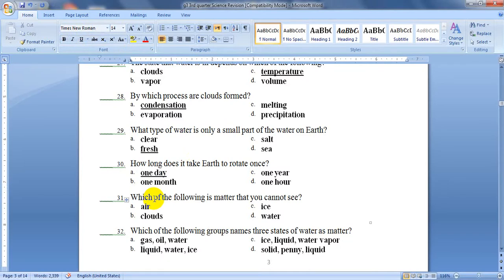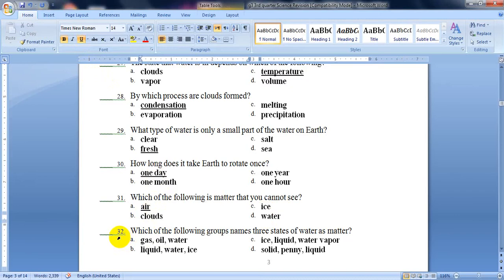The next question. Which of the following is matter that you cannot see? Is it air, clouds, ice, or water? We can see all of them except air because it's made up of gases.